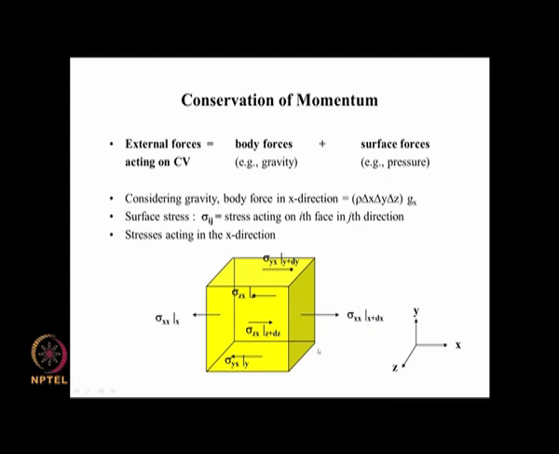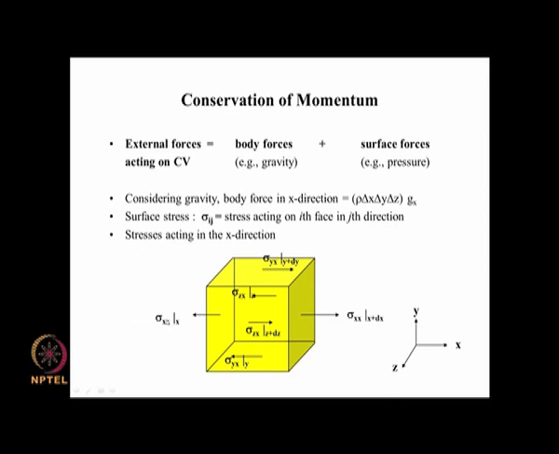So, what is the net force acting in the x direction from the stress acting on this positive face? This will be given by sigma xx at x plus delta x times the area of this face, which is delta y times delta z. Similarly, the stress acting in the negative x direction on the left face will be sigma xx at x times delta z times delta y, but it is negative.